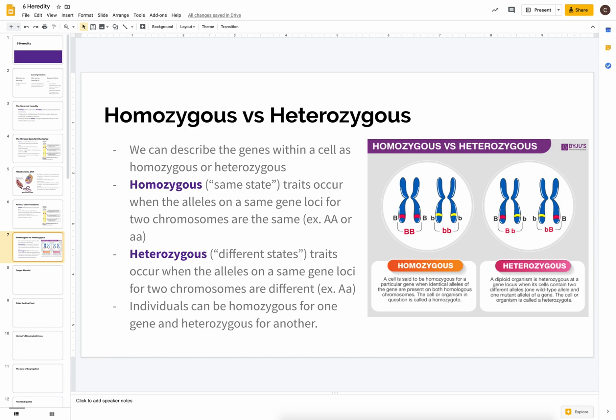And an important thing to know about homozygous and heterozygous states is that you can be homozygous for one gene and heterozygous for another one. It is very independent for each gene. So if an individual is homozygous for hair color, does not mean that they're going to be homozygous for another trait as well. They are independent of one another.